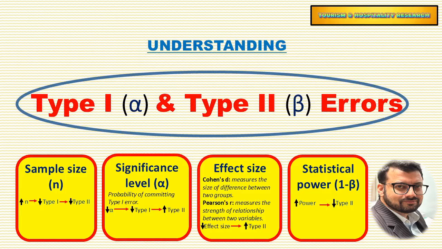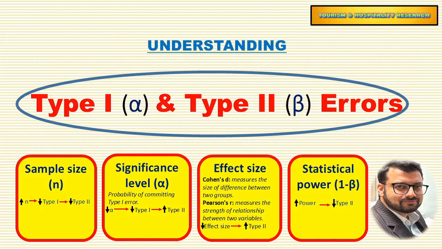So when one error will decrease, the other will increase. They are in inverse proportion to each other in the case of significance level.